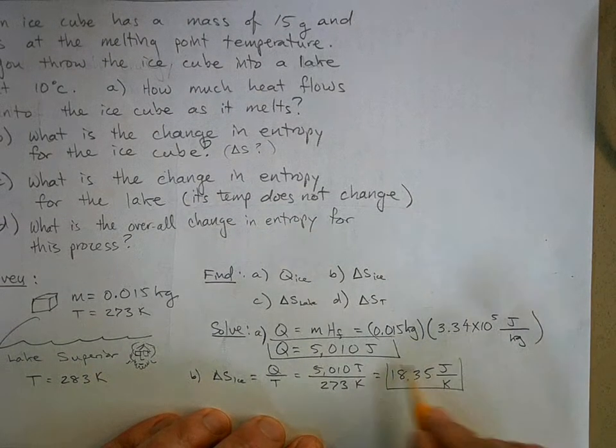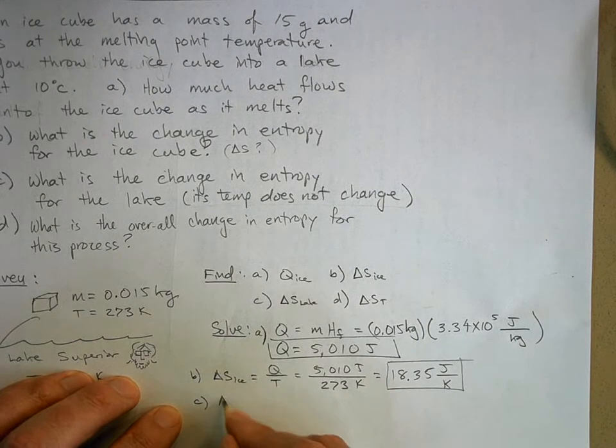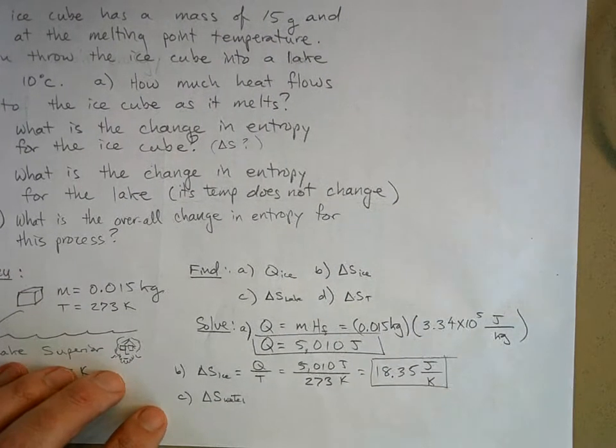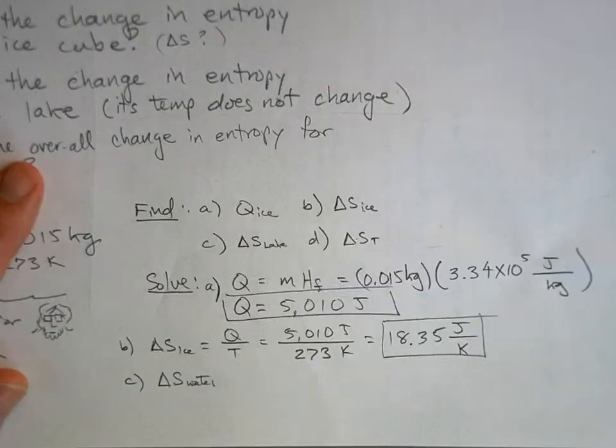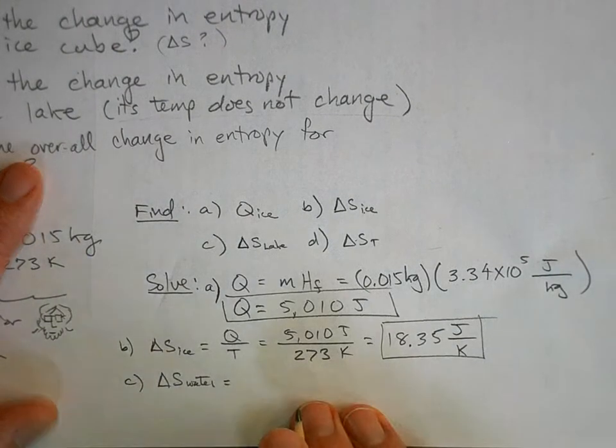Now, the tricky one is part C. For the water, and I'm sorry, I'll zoom in. Now for the water, what happened? It lost heat. So that's a negative.